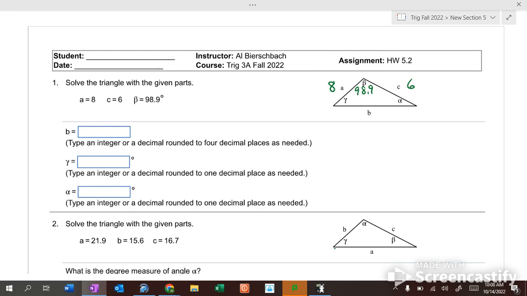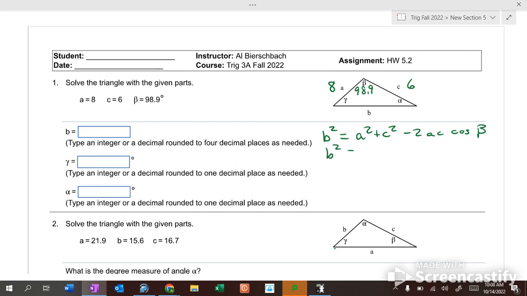What variable is going to be alone on one side? Which law of cosines am I going to use? A squared equals B squared plus C squared? Or B squared? Because B is alone on this side. So B squared, because B is what I'm looking for. B squared equals A squared plus C squared minus 2AC cosine of beta. Okay.